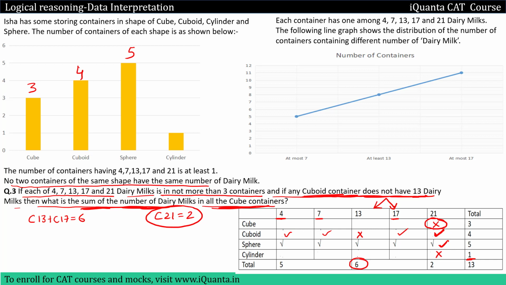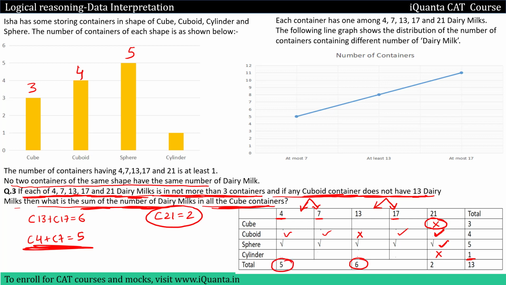In the question, we were also given that each of 4, 7, 13, 17, 21 dairy milk is in not more than 3 containers. So 4, 7, 13, 17 and 21 dairy milks can be in maximum 3 containers or less. Now see, we were having one more equation which was C4 plus C7 equal to 5. So if I look at C4 and C7 over here, we should have 5 ticks in total because we have a total of 5 over here.